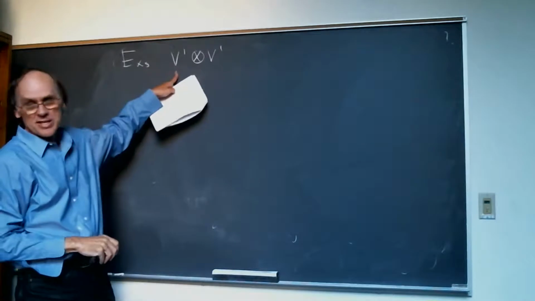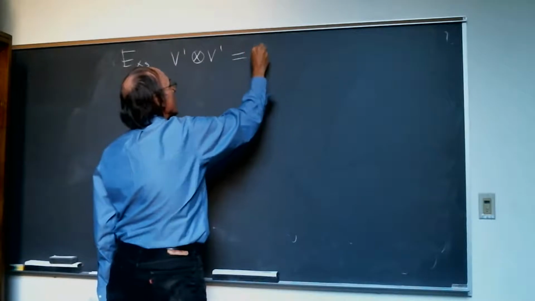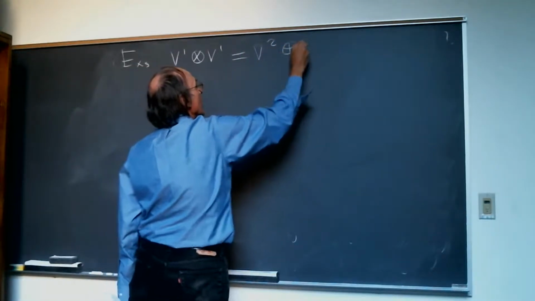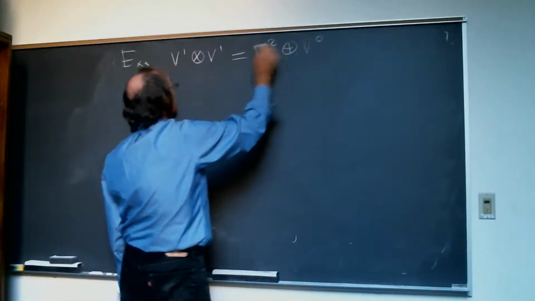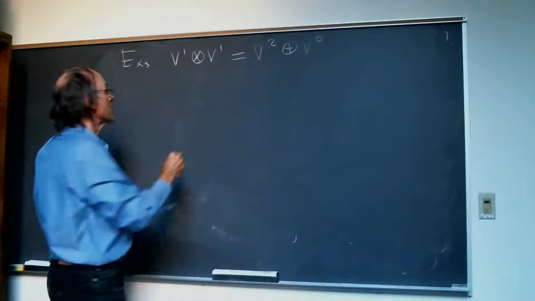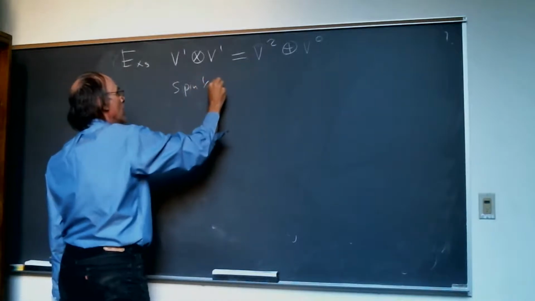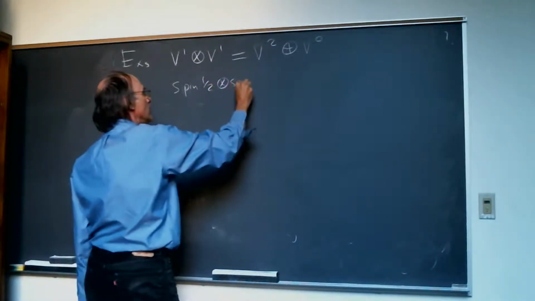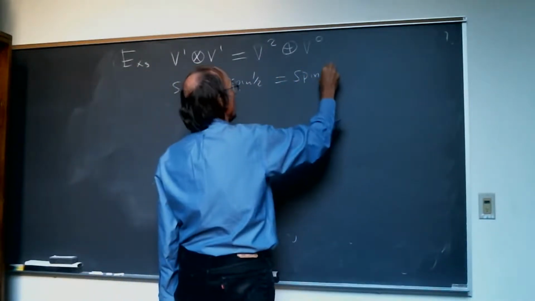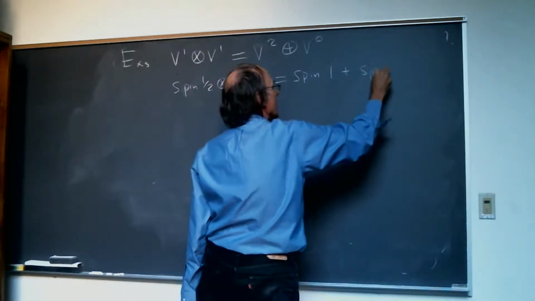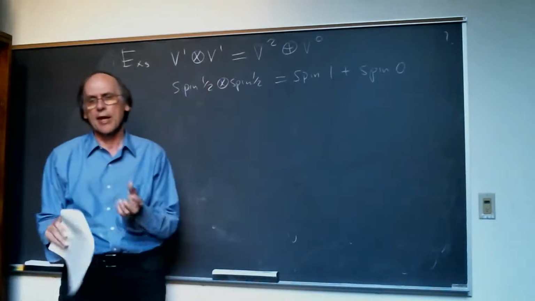If you take a spin half representation tensor product with the spin half representation, you're going to get V2 plus V0. So 1 plus 1 is 2, and you drop by 2, you're down to 0. That's the difference between these things. And so what this says is that spin half times spin half is spin 1 plus spin 0.